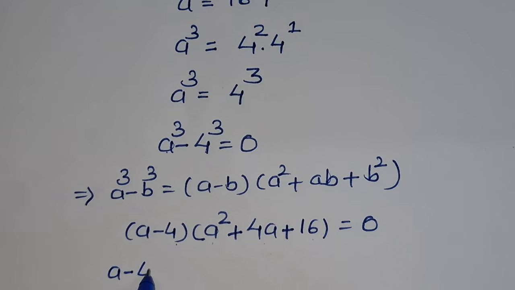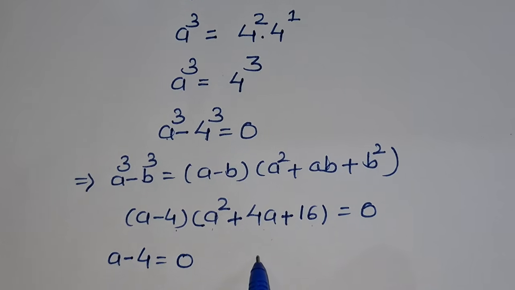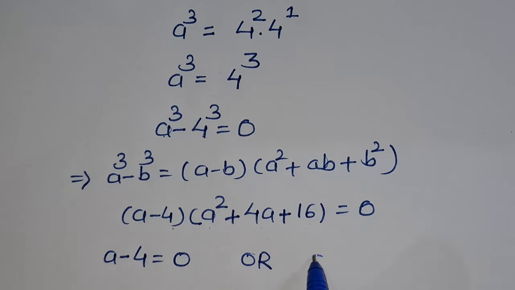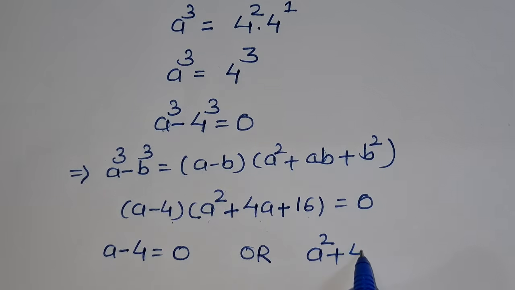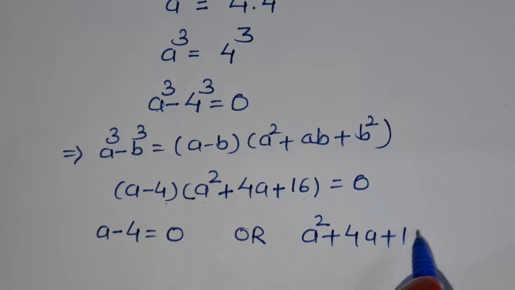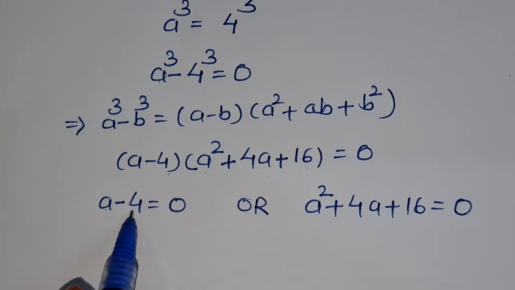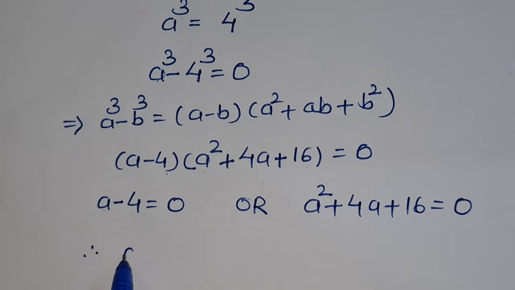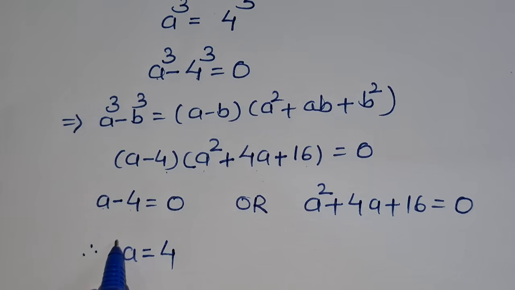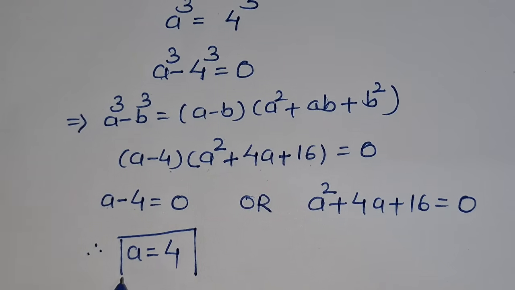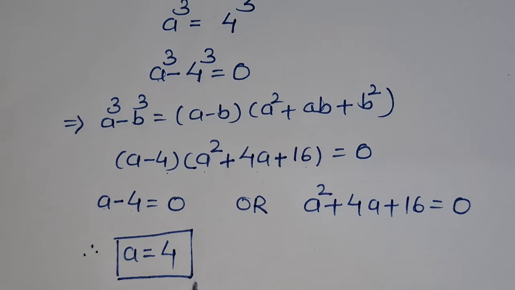The first one is a minus 4 equal to 0, and the next one is a square plus 4a plus 16 equal to 0. From a minus 4 equal to 0, we can say a is equal to 4. So we got the first value of a, that is a is equal to 4.